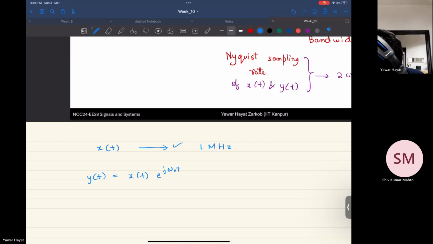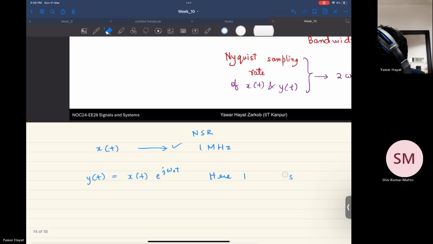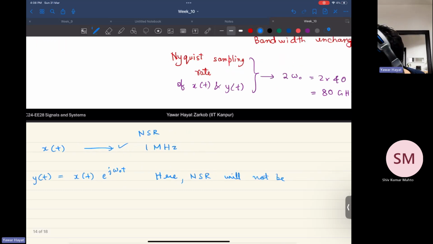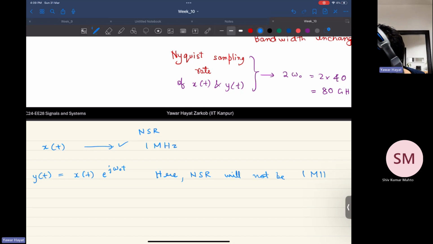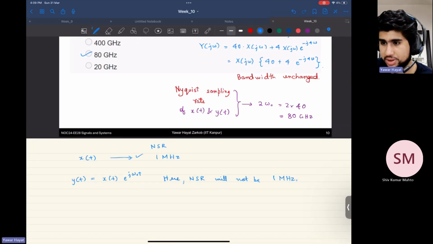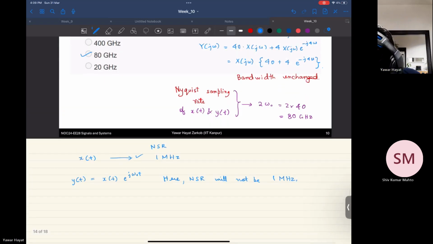So here the Nyquist sampling rate will not be 1 megahertz. So there are these questions involved as well.